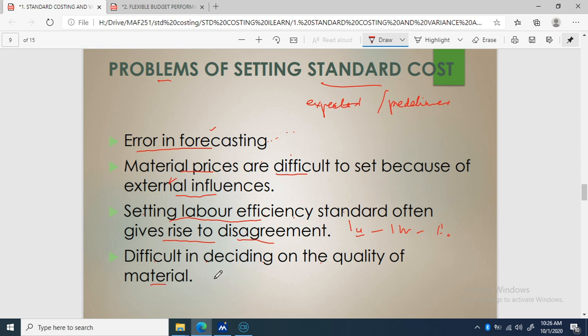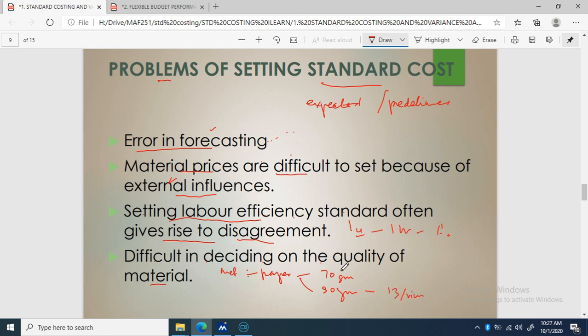Number four, it is difficult to decide on the quality of material. Sometimes when you use the material, the quality is not the same, so it will affect the usage of material. Let's say you use paper to produce books. There are 70 gram papers and 80 gram papers. Let's say in your estimation, you use 80 gram paper, and the price you take from double A is 13 ringgit per ream.